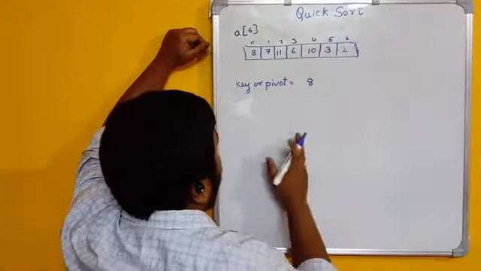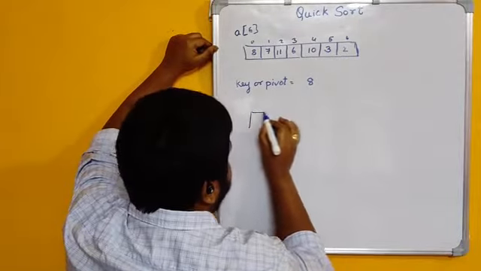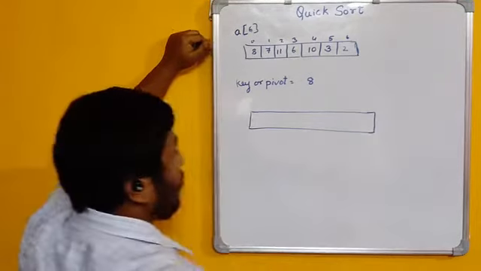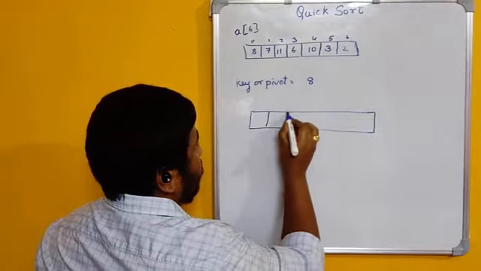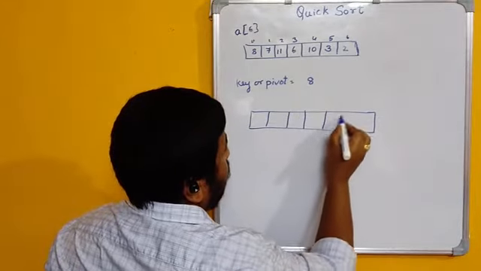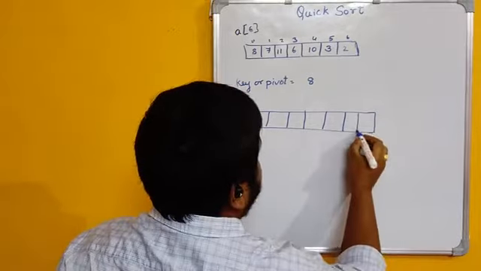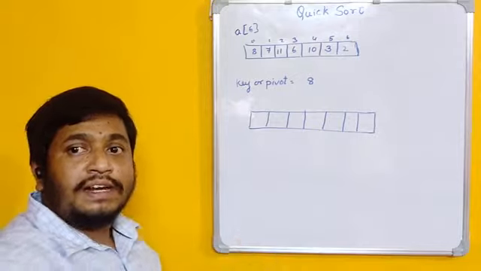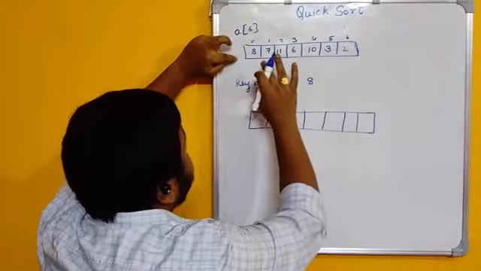Now the array is divided in such a way that all the elements less than the pivot element will be on the left side, and all the elements greater than the pivot element will be on the right side. Our pivot element is 8.